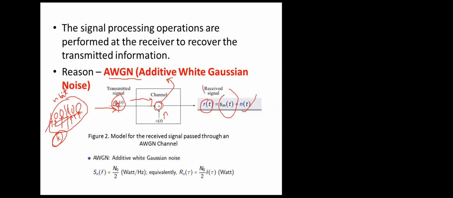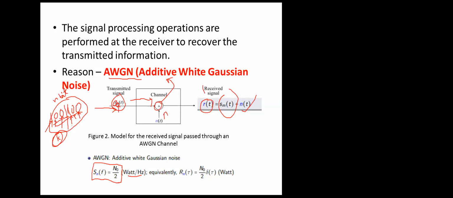noise added, right? Here we can see that the power spectral density for the additive white Gaussian noise is given by S_n(f), in the frequency domain, as N0 by 2 watts per hertz.